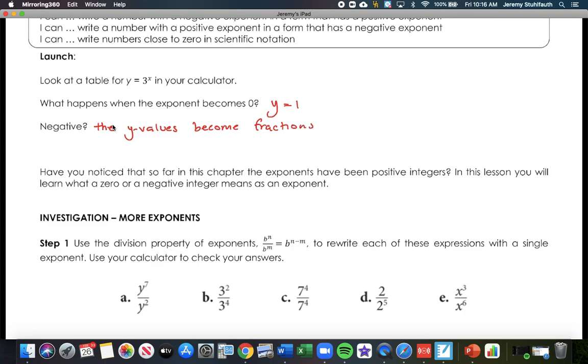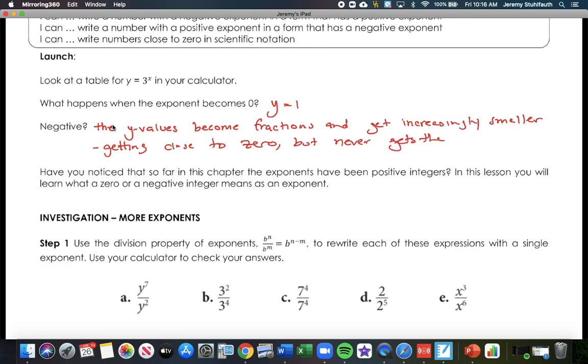So the y values become fractions and get increasingly smaller. They're getting smaller and smaller and smaller. They're getting closer to 0, but never getting there.